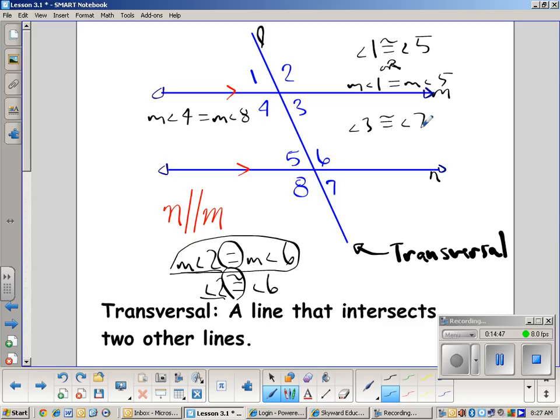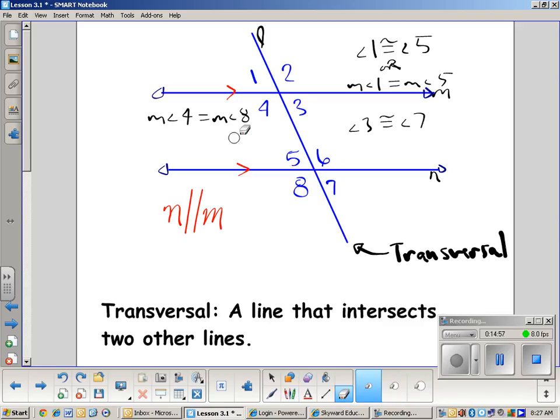You used congruent with the angles properly, or you used equal with the measure properly. So good job. Let me clean this up so we can talk about the next one. I don't mean to cut you short, Hunter, but I didn't want to confuse anybody at this point about what you're talking about. You're exactly right on the statement you're trying to make.